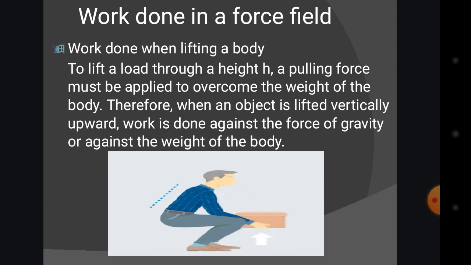W is equal to F times d, the distance or displacement between them. So the work done when lifting a body, when you are about to lift an object, is the work done that we are talking about in a force field.